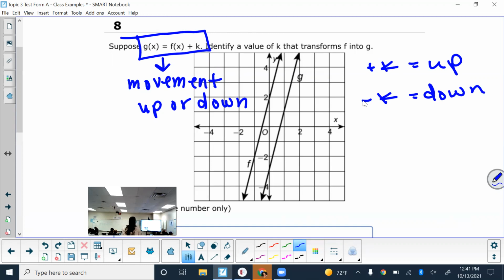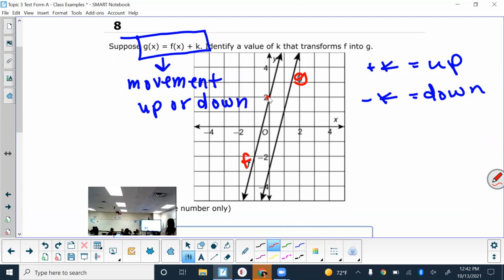So we're looking for the value of k that would transform f into g. So first, figure out which one's f and which one's g. So like this line is f, this line is g. And the best way to count the movement would be to look at your y-intercepts.